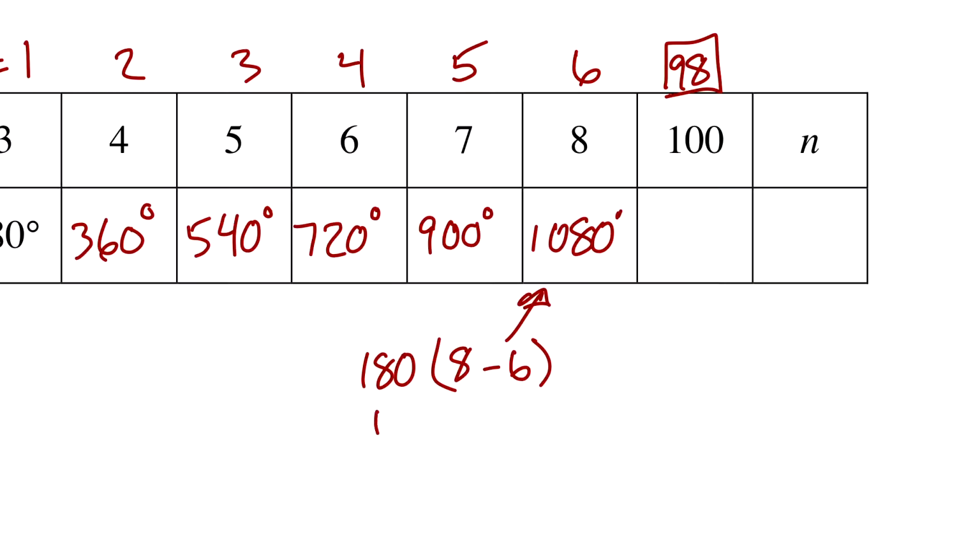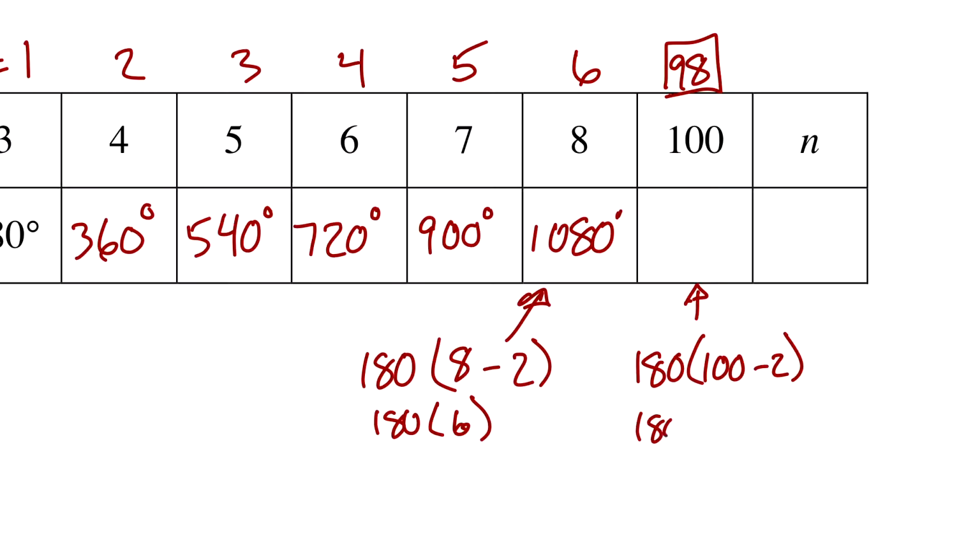So this was 180 times 8 minus 2, sorry, my mistake. 8 minus 2 is 6, and 180 times 6 gives you 1080. If we're going to do 100, then we could do 180 times 100 minus 2, which we said was 98. And so what is 180 times 98?